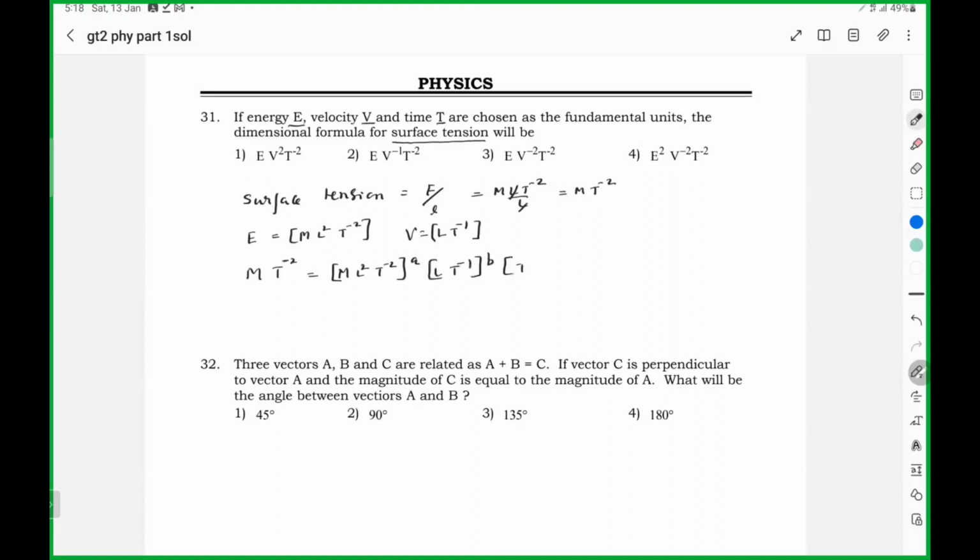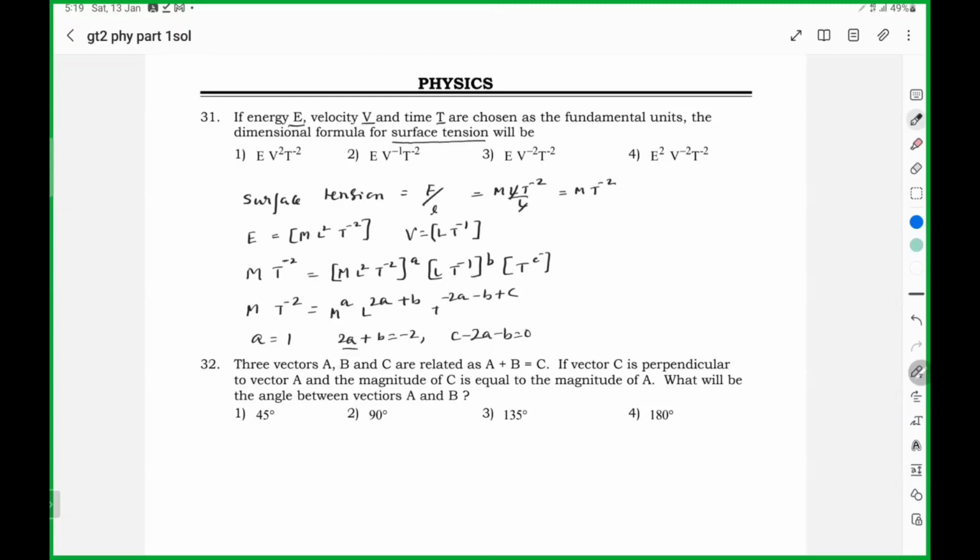and time. Here it is M power a, L power 2a plus b, T power minus 2a minus b minus c. So comparing like powers, a is 1, 2a plus b is 0.